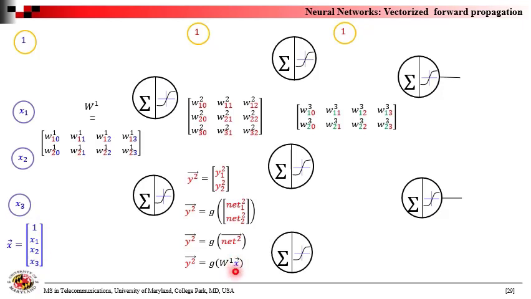When you pre-multiply the input vector by W1, you will get the net output, the weighted sum. You're going to get a 2 by 1 vector. Once you apply the sigmoid function to the 2 by 1 vector, you get each one of these two outputs.